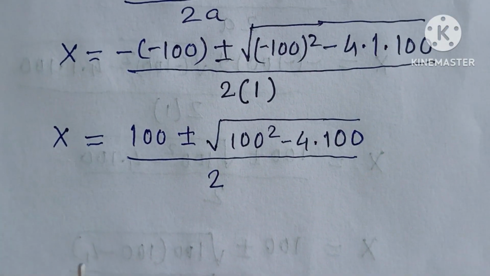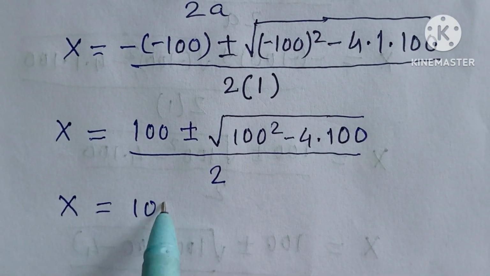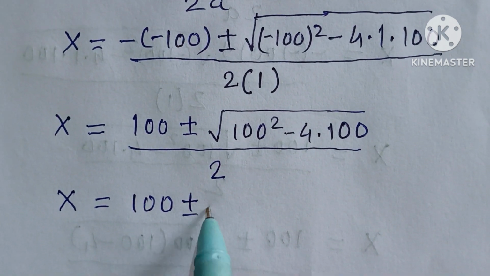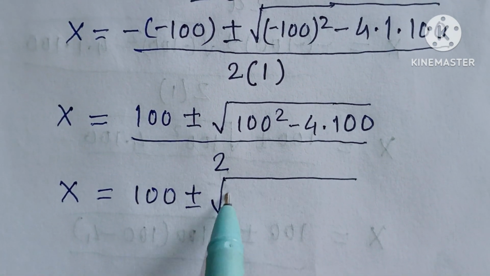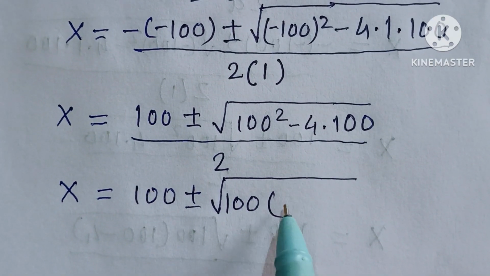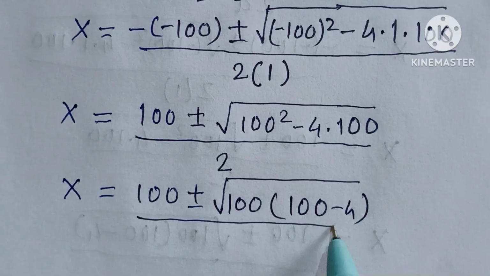Now x equal to 100 plus minus under root, take here common 100. So here 100 in bracket (100 minus 4) divided by 2.